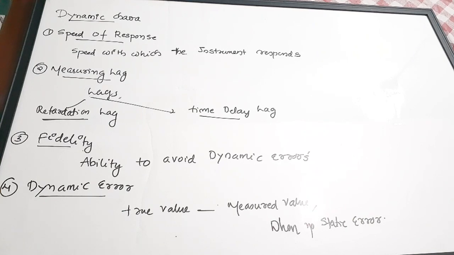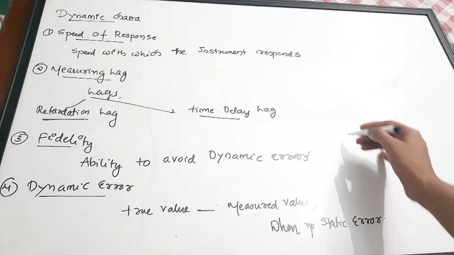The third characteristic is fidelity. This fidelity is the ability to avoid dynamic errors. It is defined as the degree to which a measurement system or an instrument indicates changes in the measuring quantity without dynamic errors, or how good this instrument is at giving you outputs in response to the change in the quantity which it is measuring.